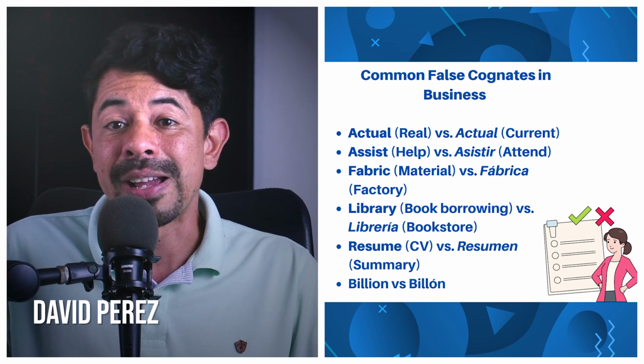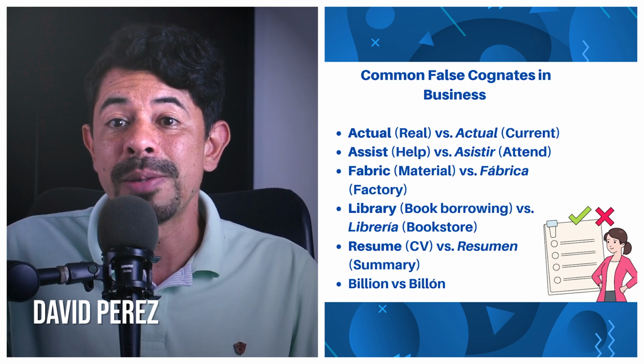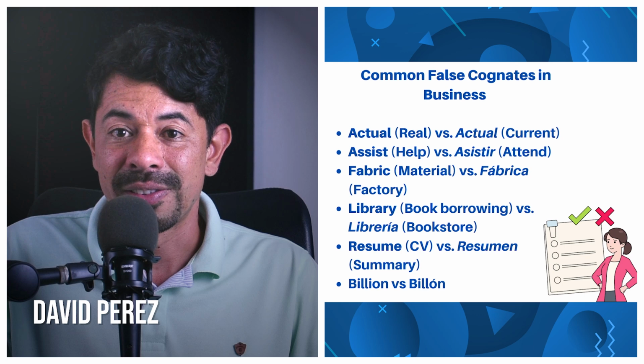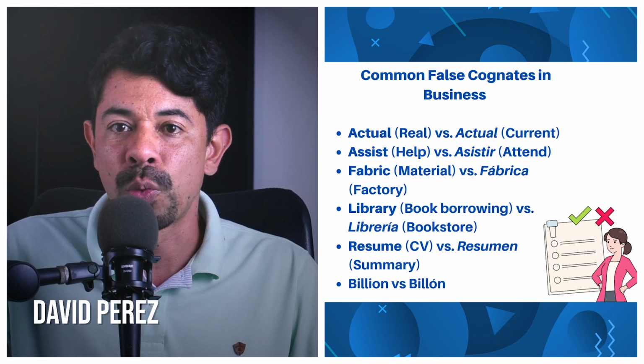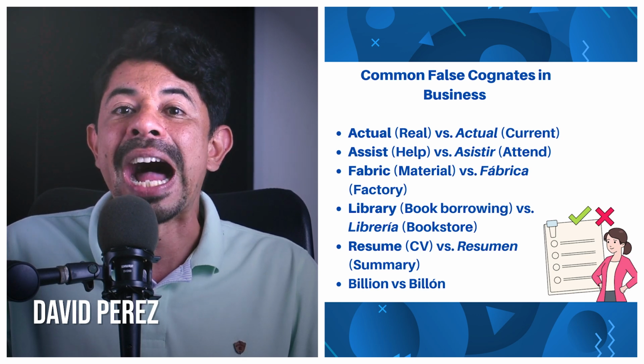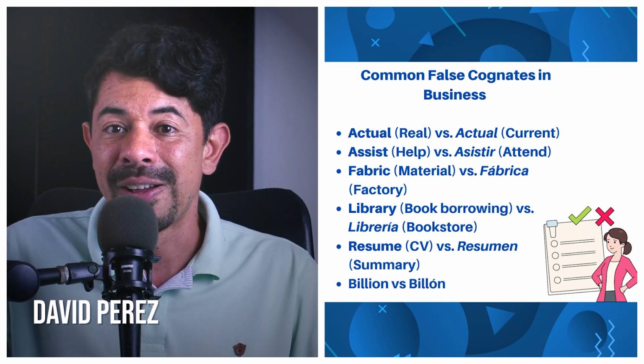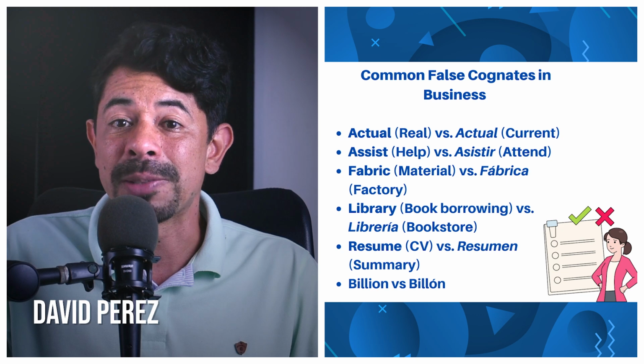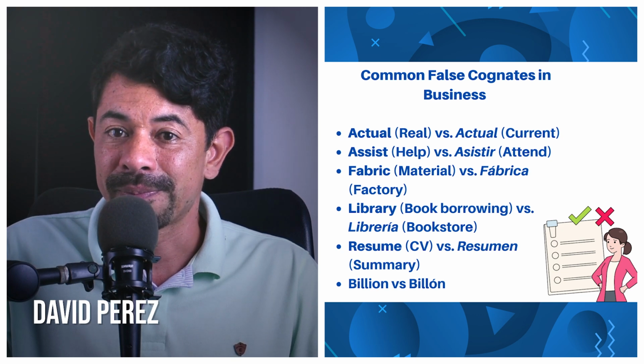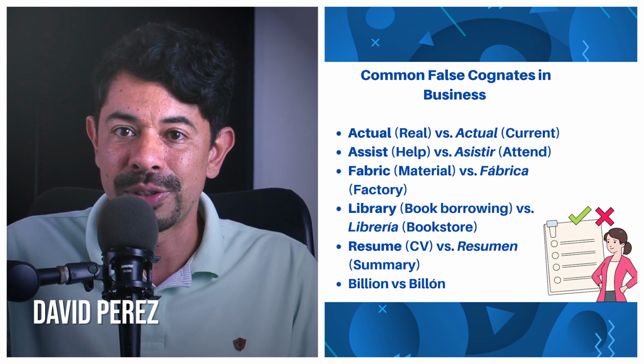Versus fábrica, which actually means factory. Yeah, the Spanish word fábrica means factory, but some people might confuse and might use the word fabric as a replacement for factory because they look and sound super similar.